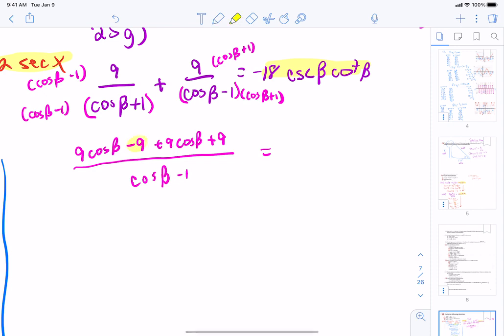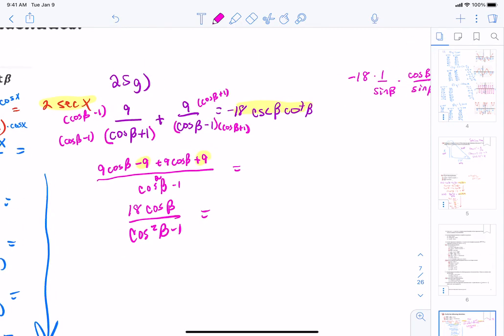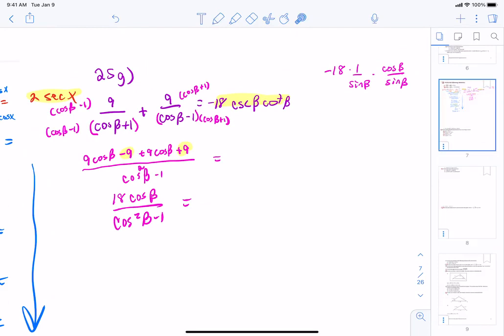So here the 9's cancel out. The cosines come together. And please put on the bottom, that's a cosine squared beta minus 1. Okay. So we get 18 cosine beta over cosine squared beta minus 1. Now, let's look at what I had written to the side here. Okay, so we found an 18, but not a negative. So we're close.